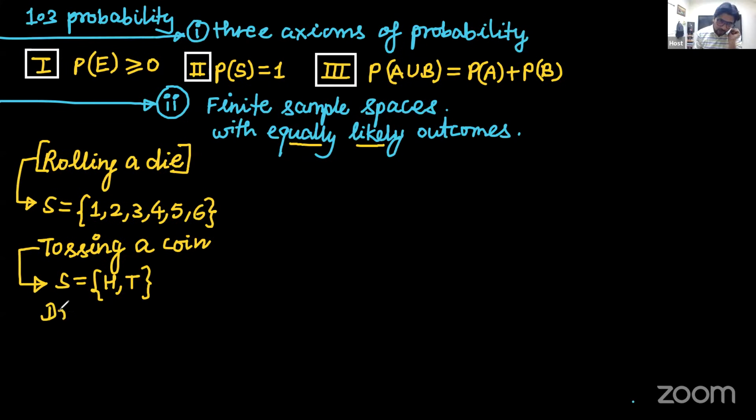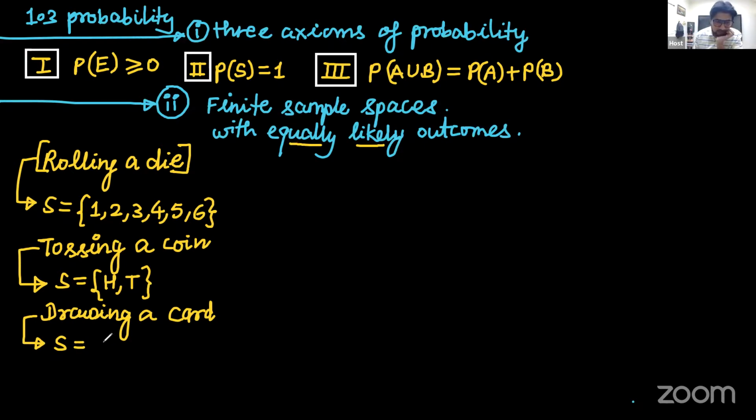Then you can think of a random experiment of drawing a card from a pack of 52 cards. It has 52 possible elements, but its sample space is still finite.